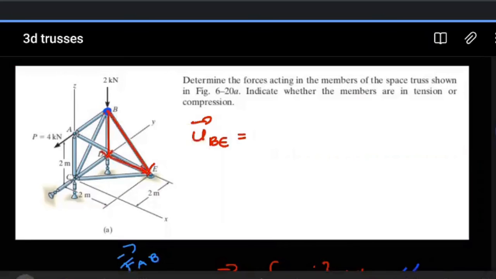So this one doesn't have a y component. In the x-axis, we go along the positive x-axis, so that is going to be plus 2i. Then in the z-axis, we're going downwards, so that's minus 2k. Then the magnitude is just the square root of those, which is the square root of 8.